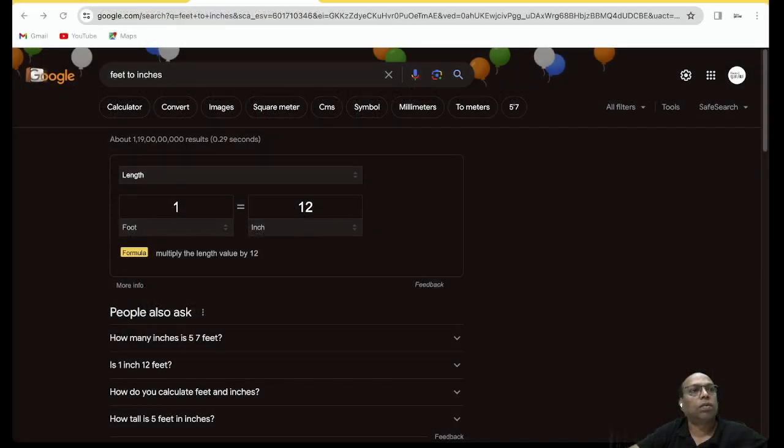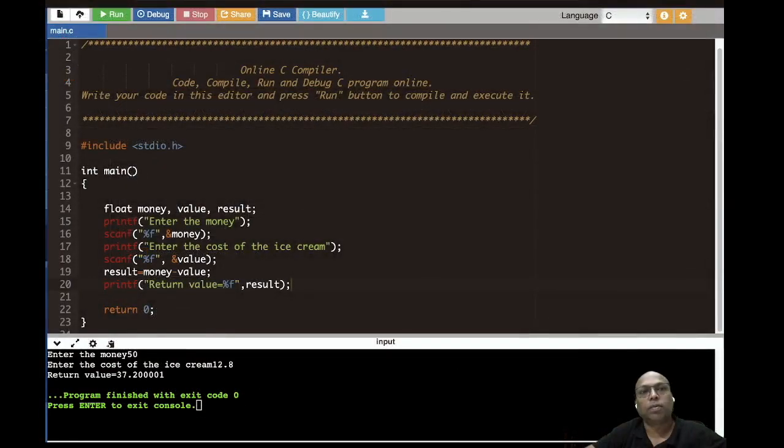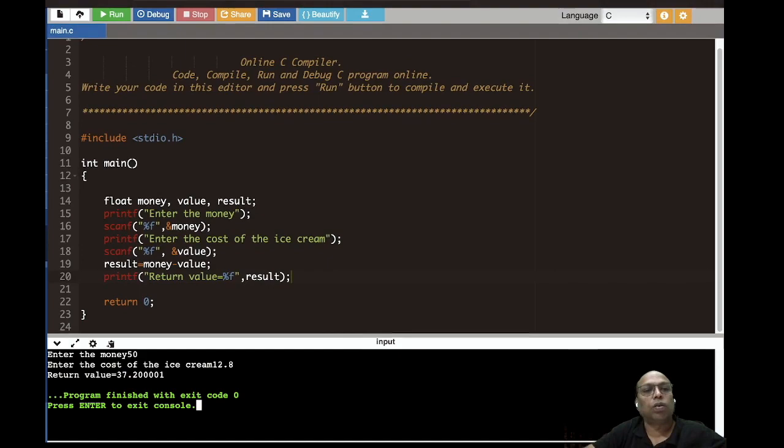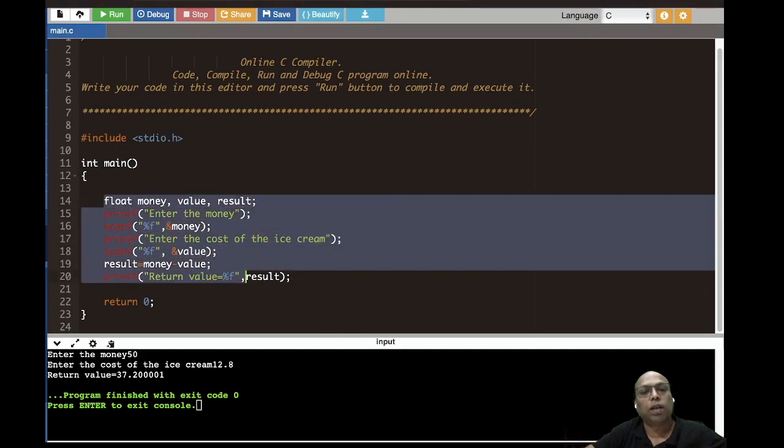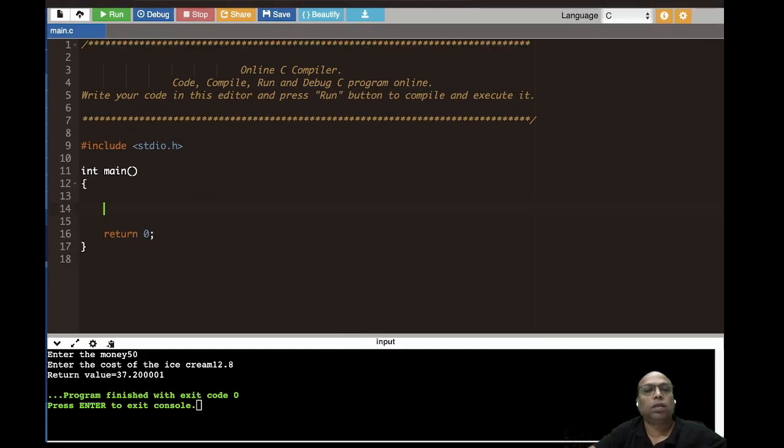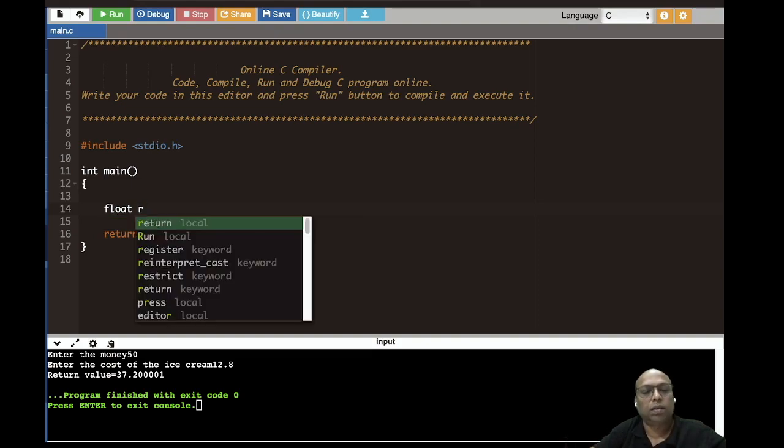Let's go and solve this problem. I'm not writing the steps; I'm going to directly write the program here. So I'm going to clear this, and the input we talked about is the radius. The radius will always be a fraction, therefore I put float radius.